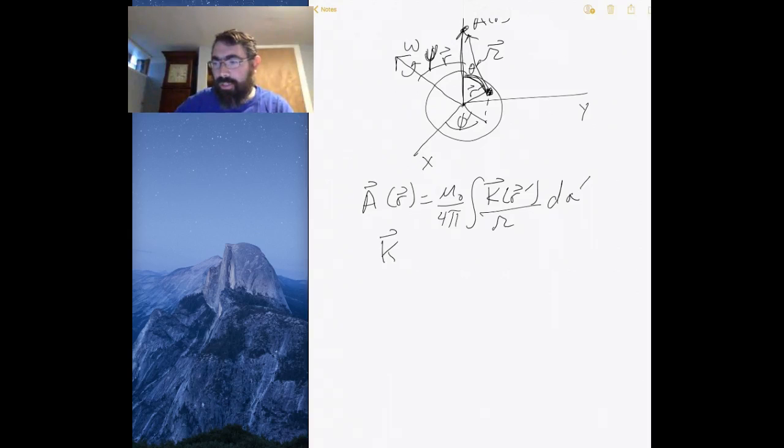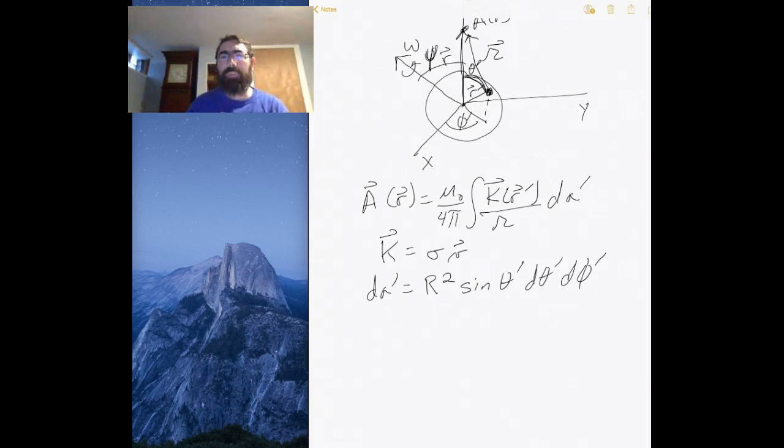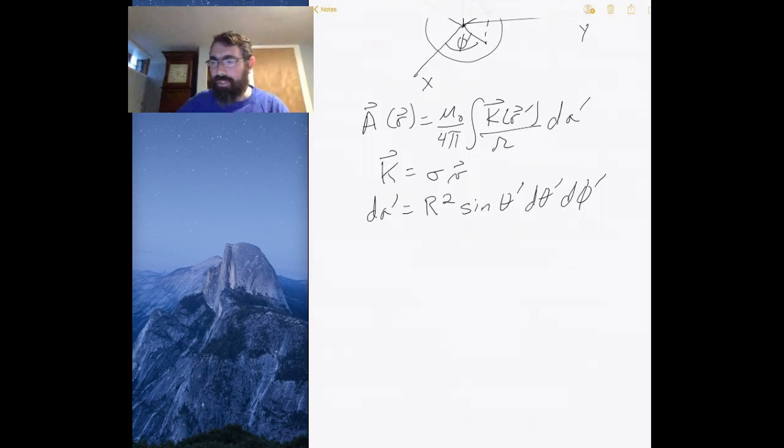So the current density is the charge density times the velocity, how fast it's moving. The area element is R squared times sine theta prime d theta prime d phi prime, because we're dealing with a surface area, so we basically integrate over the entire surface. And lastly, script r is just r minus r prime.